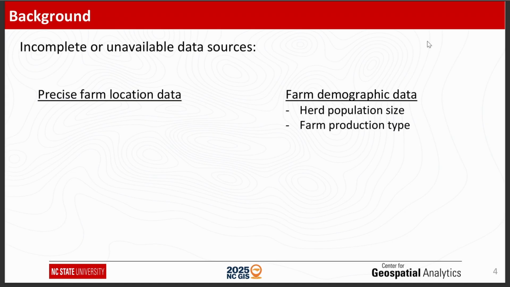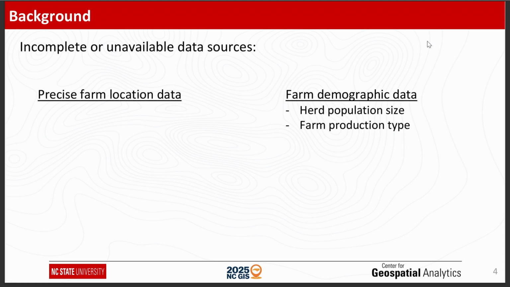And also demographic data such as how big the population is and what production type this specific farm is, because different production types, whether it's a breeder farm or a finishing farm or something like that, have different transmission dynamics. So often this data is missing or confidential, and it's not publicly available.